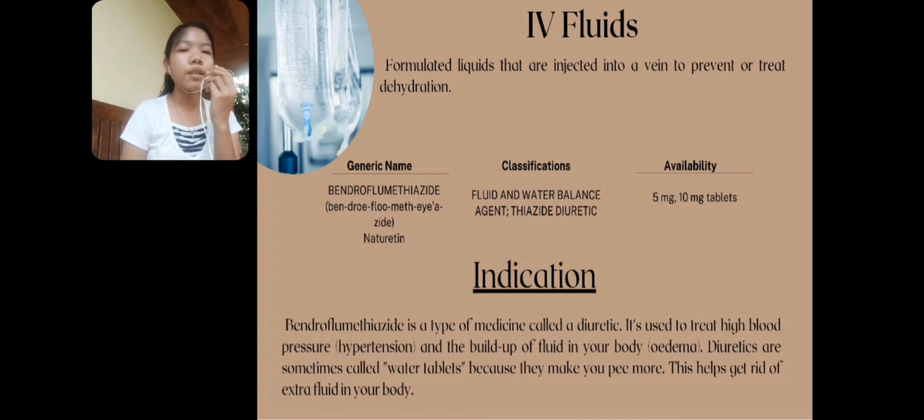So the indication of the medication: bendroflumethiazide is a type of medicine called a diuretic. It is used to treat high blood pressure, or hypertension, and the buildup of fluid in your body, or edema. Diuretics are sometimes called water tablets. It removes excess water from the body by increasing how often you urinate, which helps get rid of extra fluid in your body.